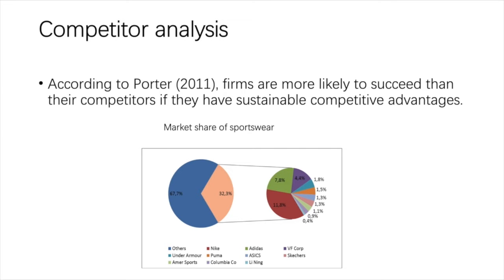Well, let's talk about the competitor analysis. As can be seen from the sports market share chart, Adidas has many competitors in the sportswear industry. The biggest competitor is Nike. In addition, there are smaller competitors such as VF Corp, Puma, Under Armour, and Skechers.